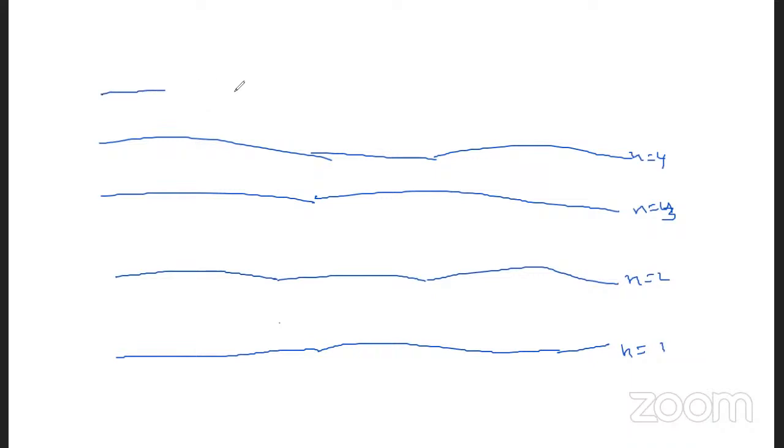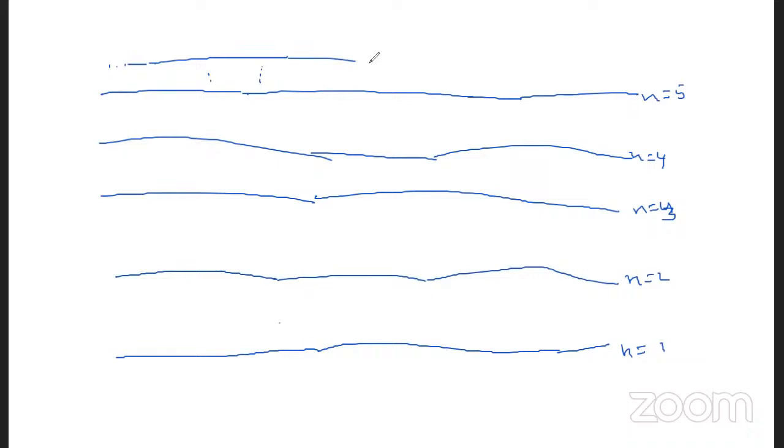Next one, n equal to 5. And it goes on continuously, n equal to 6, 7, and so on.